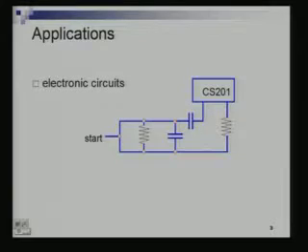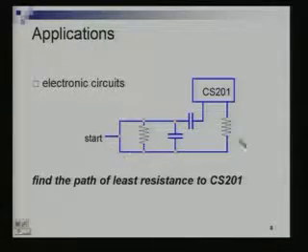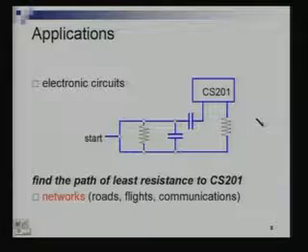So what are they used for? Lots and lots of applications. You can model circuits as graphs. Each component of your circuit could be a vertex, and this one is a vertex, which is your CS201. You are trying to find the path of least resistance to get to CS201. They can be used to model networks.